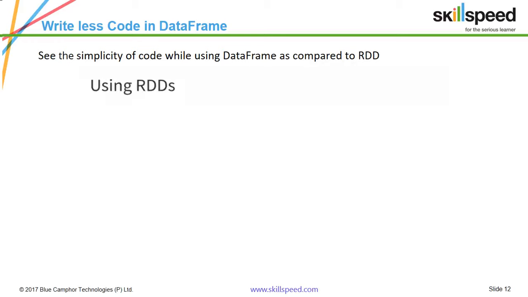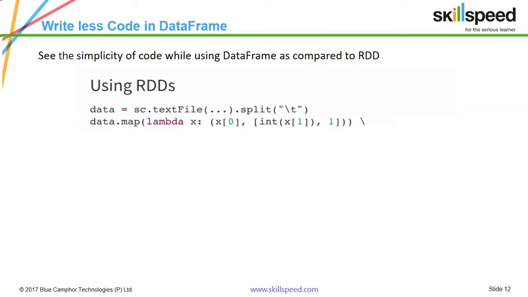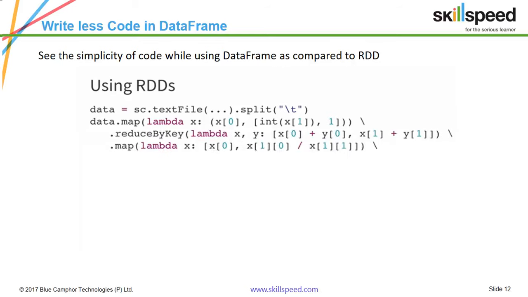So here I'm creating an RDD called data, using the sc.textFile method. Then I'm splitting it using tab. This is Python code. I'm doing a data.map where I'm using my lambda functionality, accessing the first element, then accessing the second element and converting it into 1. And then I'm using the reduceByKey method, again a map with lambda, and then collect.